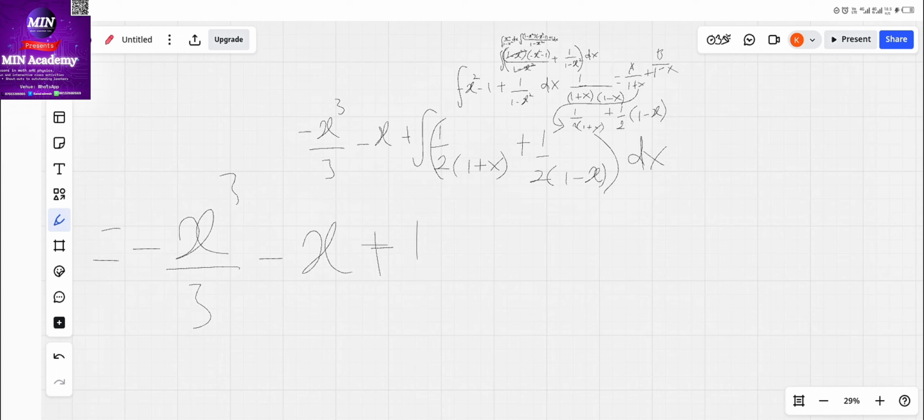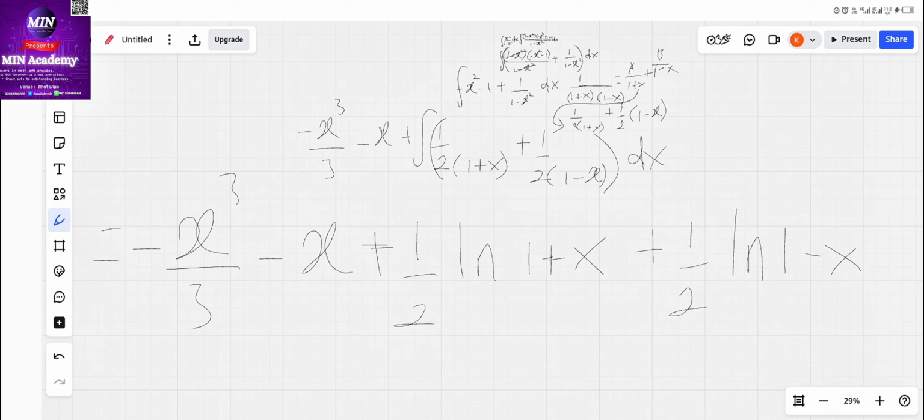The integral of 1 over 1 plus x is ln of 1 plus x. That is the standard form of the integral. So that gives us 1 over 2 ln of 1 plus x. The same thing applies to the second part, which gives us 1 over 2 ln of 1 minus x.